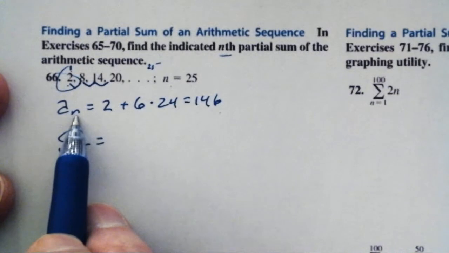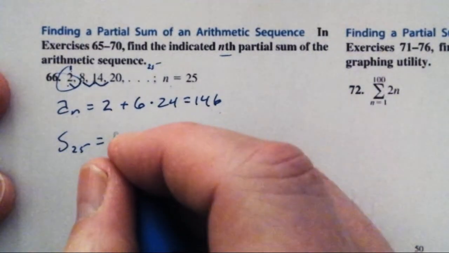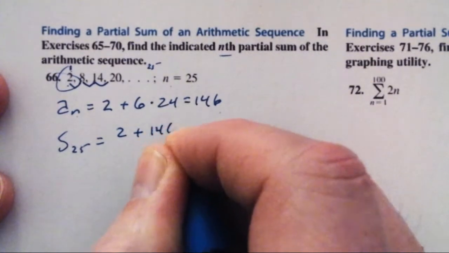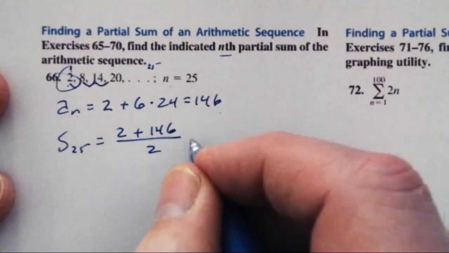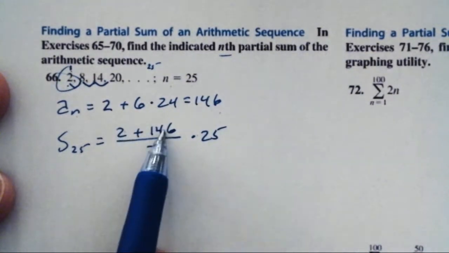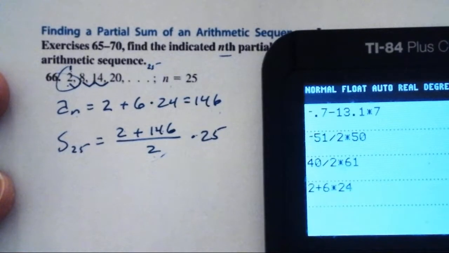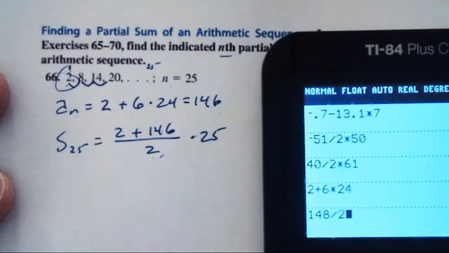Even though I was just trying to find the 25th term, I actually need it. The average term, first plus last, divided by 2 times the number of terms. So let's see, that's 148 divided by 2 times 25.